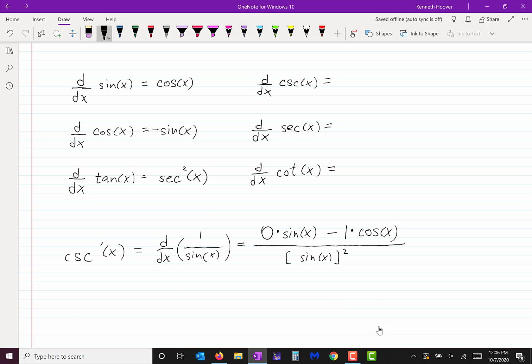So what do we have there? We have negative cosine x over sine squared x. That's the derivative of cosecant. And I would encourage you to memorize it like this.